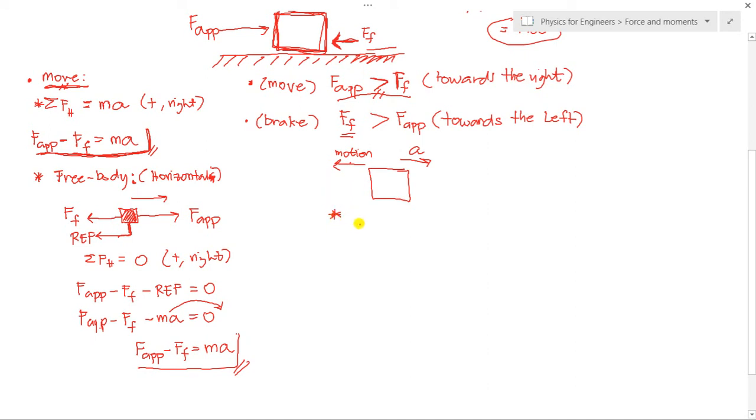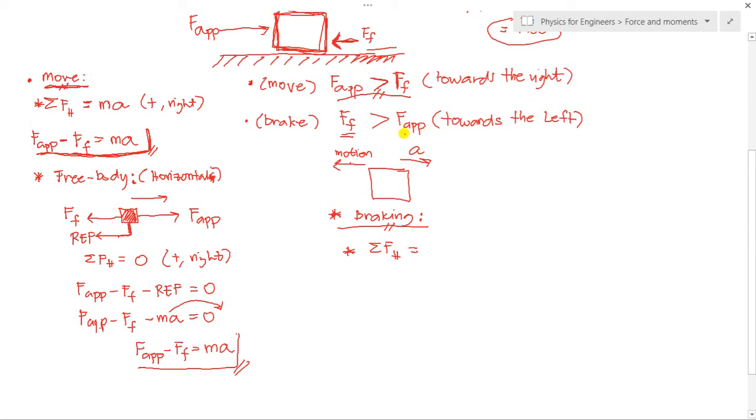The second condition: what if you brake? So braking. Here in braking, if you use the first method, the summation of forces along the horizontal again, since we are braking in the second condition, we already applied the brake.